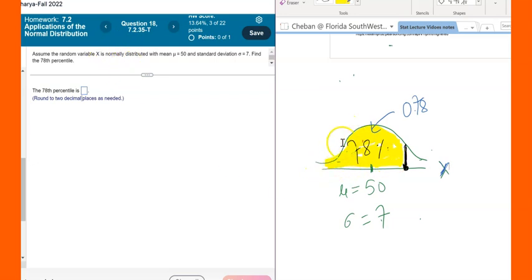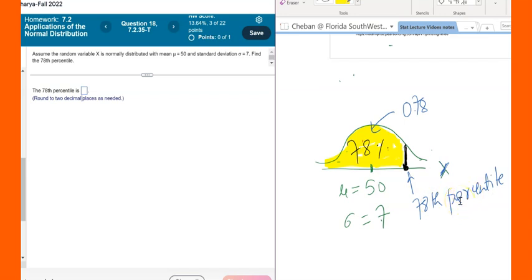This is the normal curve, and this data is x here, mean is 50, standard deviation is 7. And we're looking for this point where the area on the left of this point is 78%. In other words, this yellow area is 0.78. Therefore, this point is called the 78th percentile.